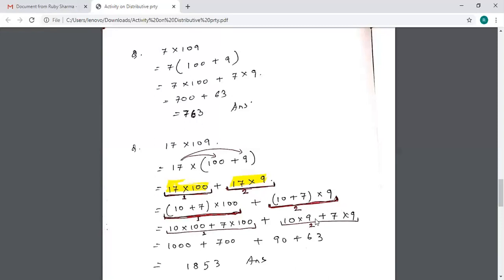So all this comes here. These are multiplication, then addition, multiplication, addition, multiplication, addition. So we do all the multiplication first, 1000. Addition, we leave and write as it is, the symbol, then 700 plus 90 plus 63, and finally we arrive at this answer.